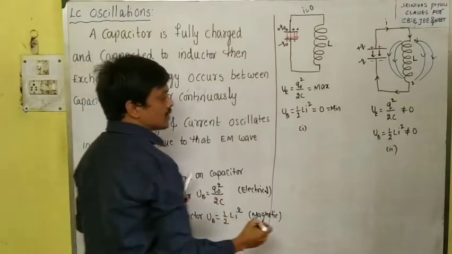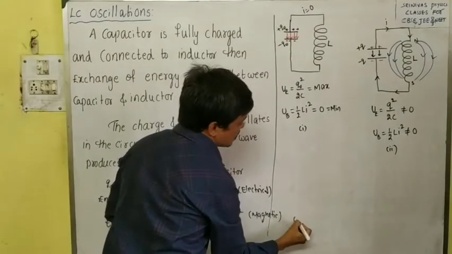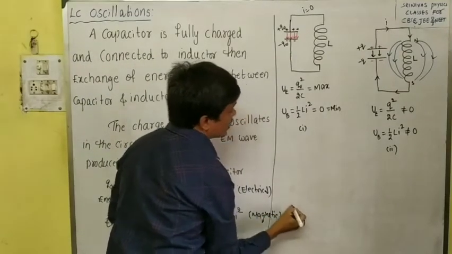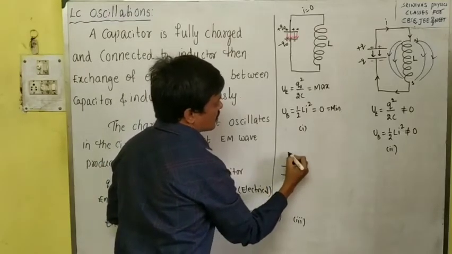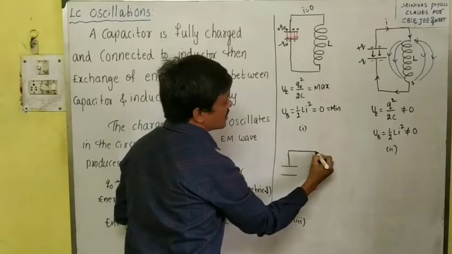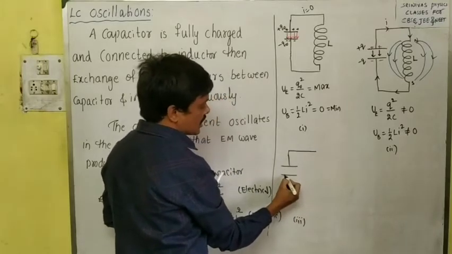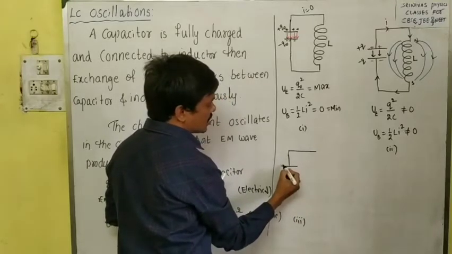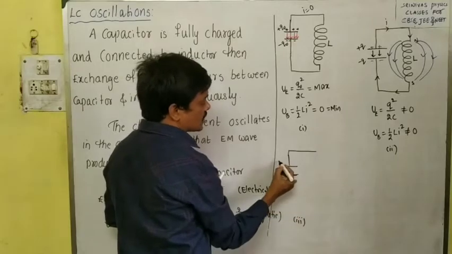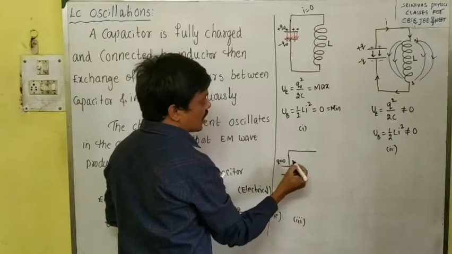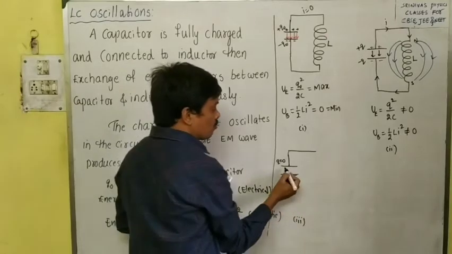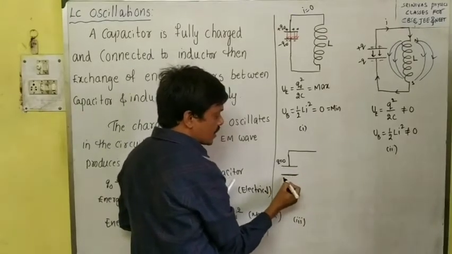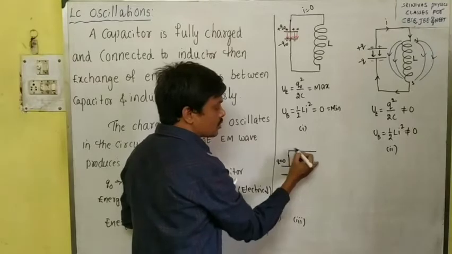And the next, what is happening, this third case I am going to explain. The third case is that the capacitor is fully discharged. When the capacitor is fully discharged, the charge on the capacitor becomes 0, which means the total charge has been sent to the circuit.